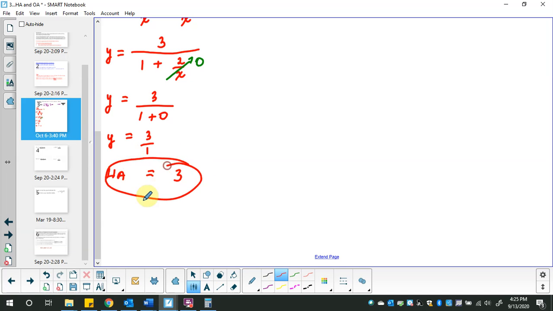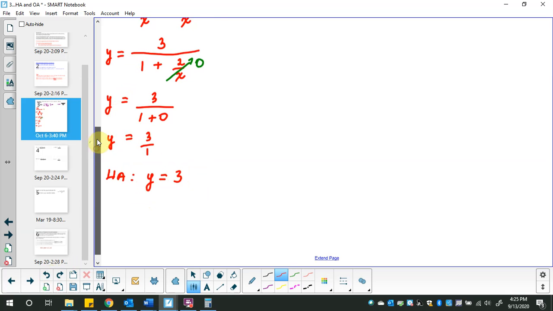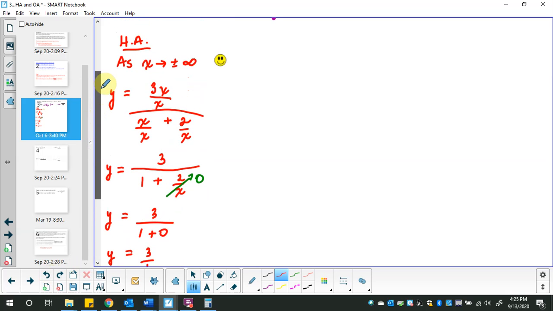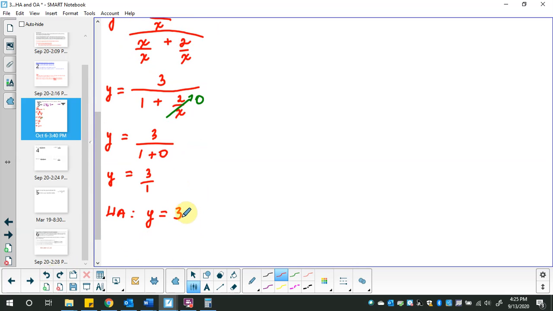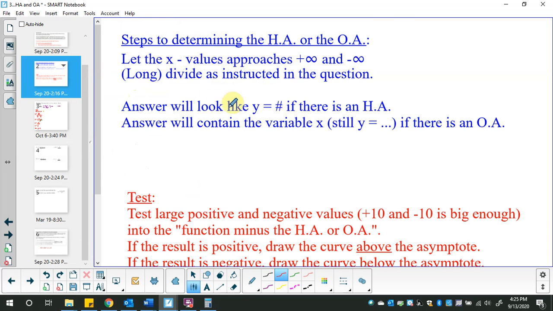This is not graphable. There is no HA axis. So what you need to do is make sure that you have y equals, which is why it's so important that I keep my y equals down the side. So now I have a horizontal asymptote, and I have a number as a horizontal asymptote as promised here. Your answer will look like y equals a number if there's a horizontal asymptote.